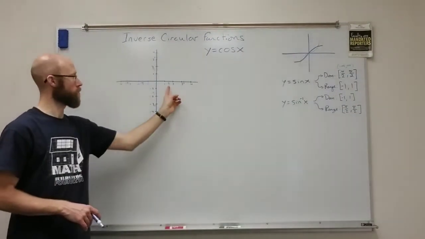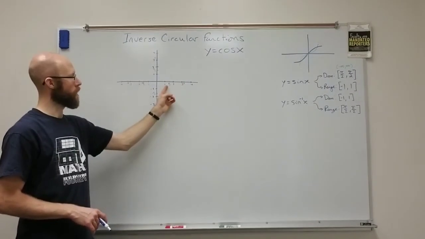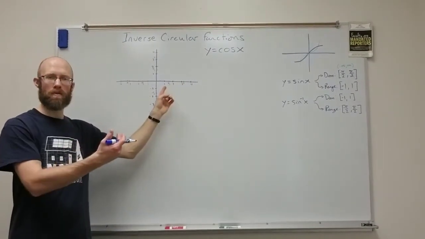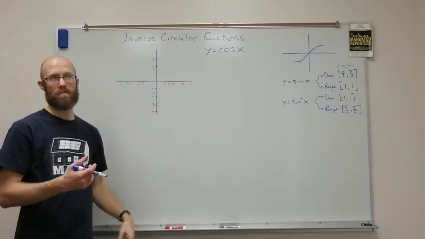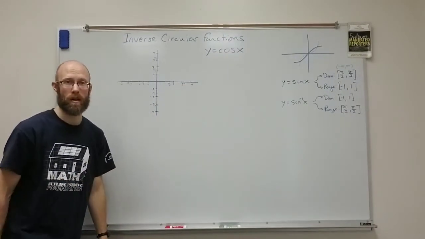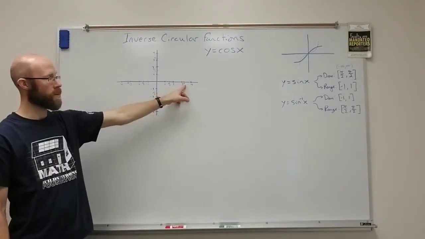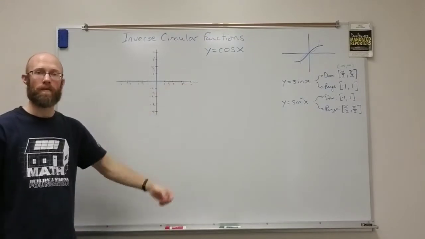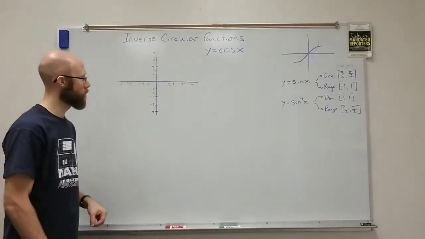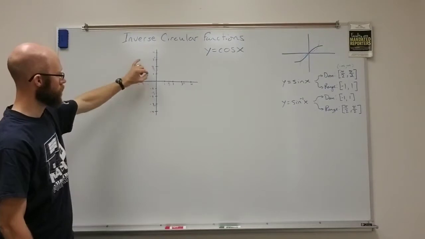I've got pi over 2 and pi. Pi over 2 is just over 1.5, and pi is 3.14 roughly. So it's like 1.57, 3.14, rounded off. So I have those approximately placed in here as well.